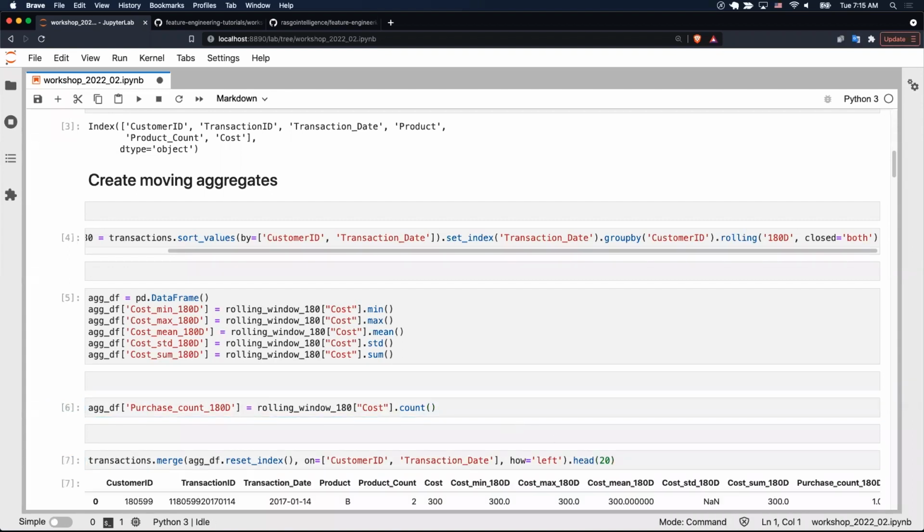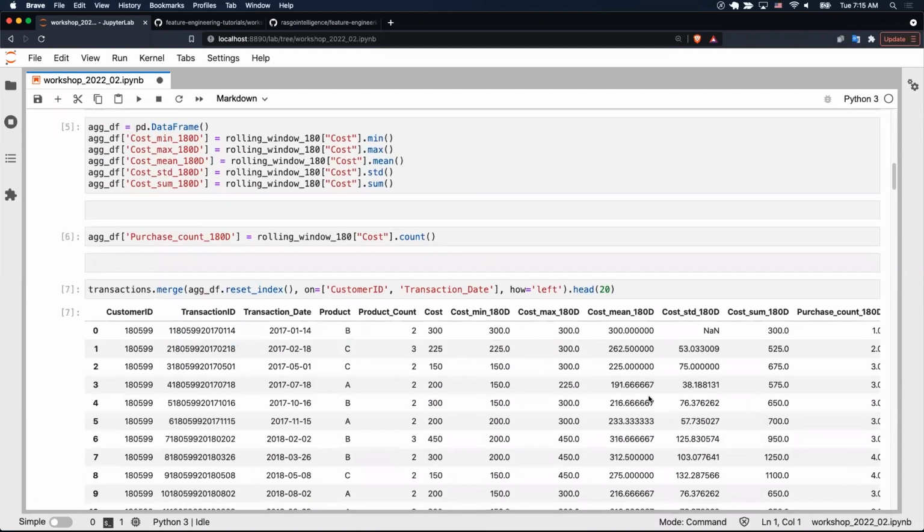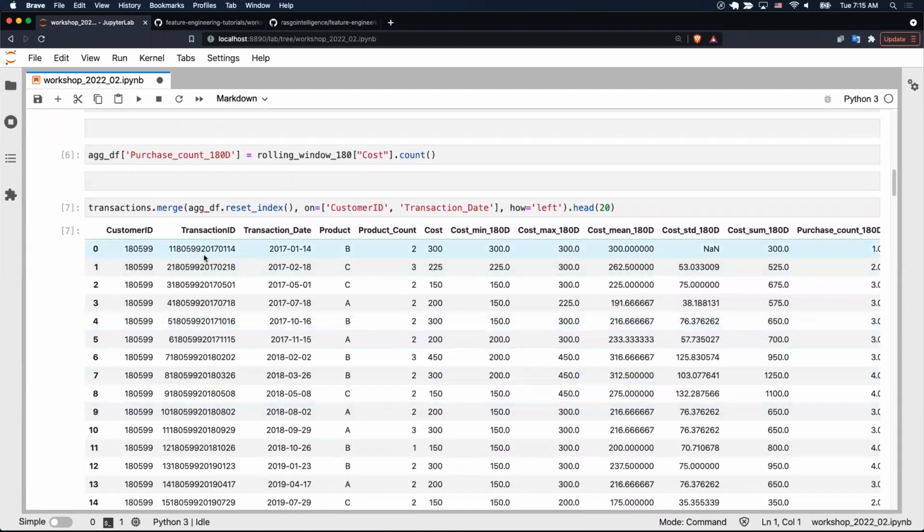And so if we take a look, since I know there were some questions about exactly what this is doing, we can take a look at this individual customer, their very first transaction. We see up until this point, everything to the left is individual transactions. And we can see, well, everything has to be based on that single transaction. If you look at the next transaction, that definitely occurred in 180 days.